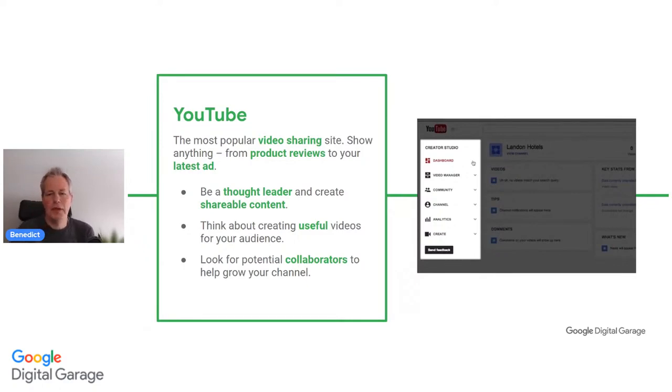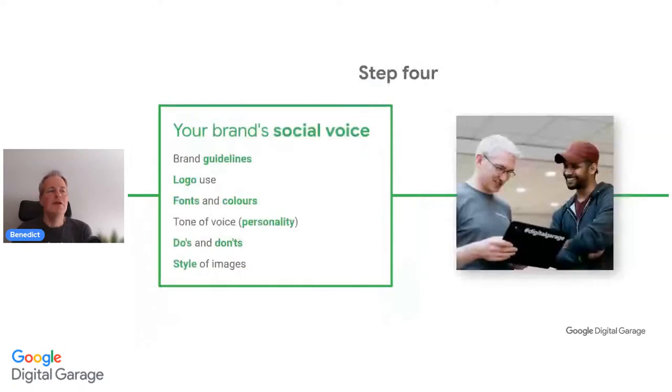Okay. Now, your brand's social voice. There are brand guidelines, of course. There are a few elements of the brand guidelines to be aware of: logo, tone of voice, images, those kinds of areas. So this is now step 4, your brand's social voice.